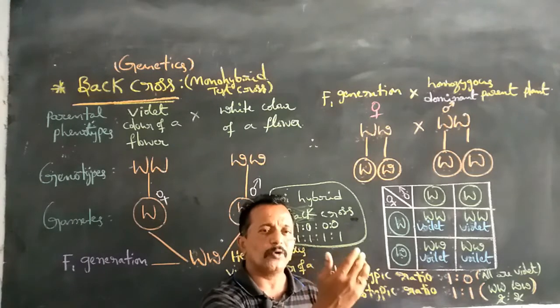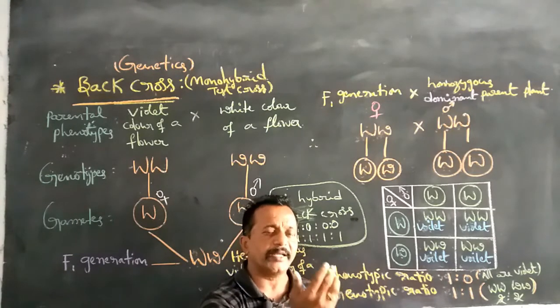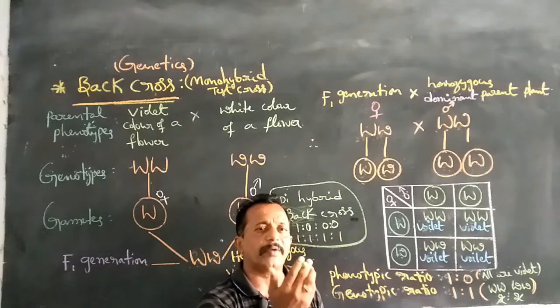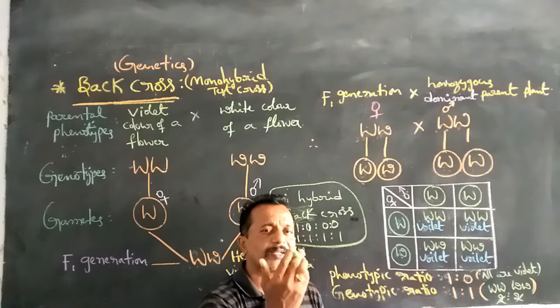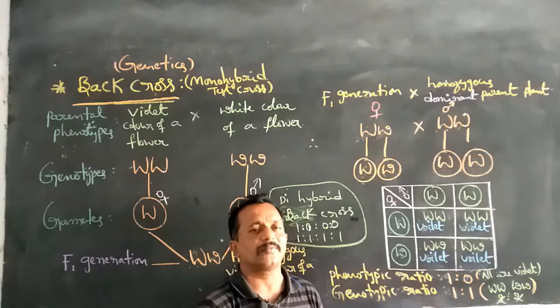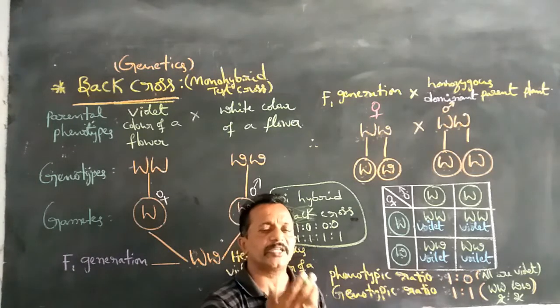The homozygous dominant parent plant is capital R capital R capital Y capital Y. The homozygous recessive parent plant is small r small r small y small y. In the F1 generation, it is capital R small r, capital Y small y.